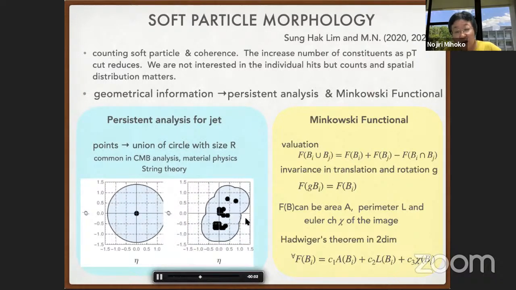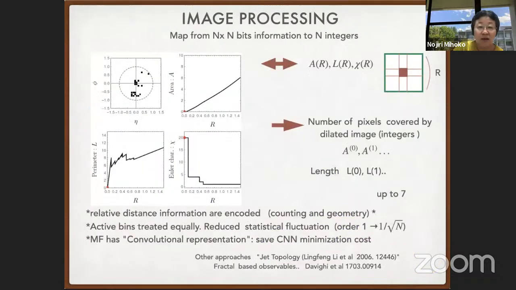And I introduced something called Minkowski functionals, which are essentially the area, the length, and the Euler characteristic of this image on the right-hand side as a function of R. And I use this to quantify the soft particles inside the jet.